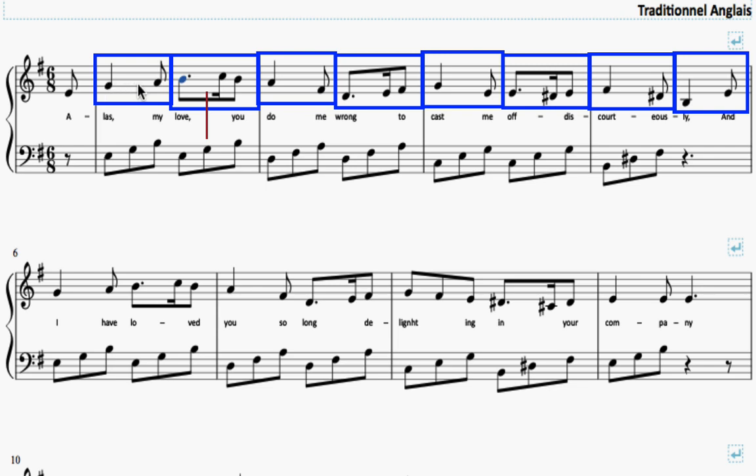So 1, 3, 4, ta, 6, 1, 3, 4, ta, 6, 1, 3, 4, ta, 6, 1, 3, 4, 6. Right? We don't have a ta here, so 6. So this bar is just 1, 3, 4, 6, and then it goes on. Okay, so it's kind of a tricky rhythm to read.